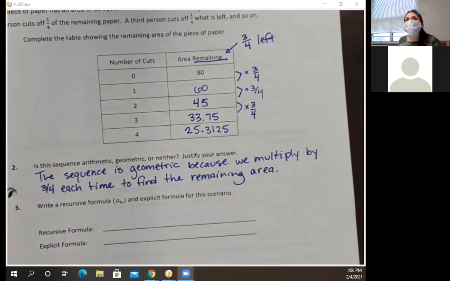We're multiplying by the same amount each time, so that makes this geometric.